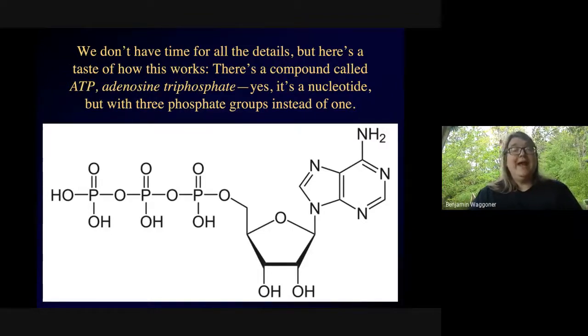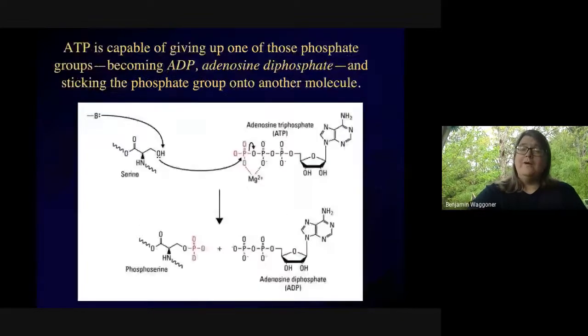So there you've got ATP, and on the left you can see you've got three Ps, three phosphorus atoms, each one of which has oxygen stuck to it. It's got three phosphate groups, whereas in DNA there would just be one.